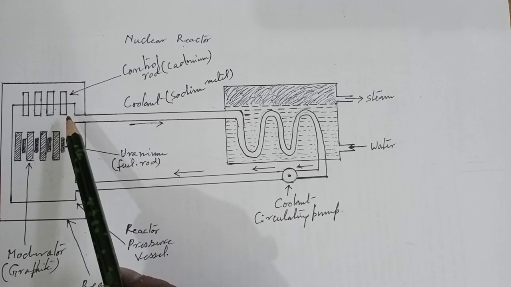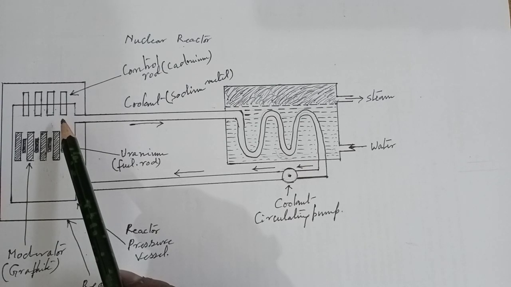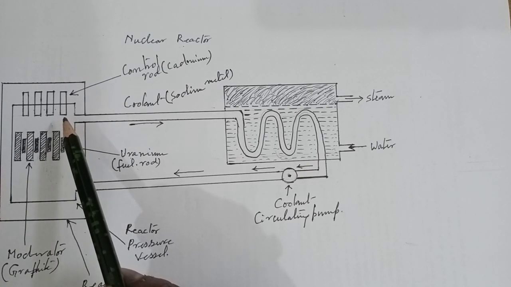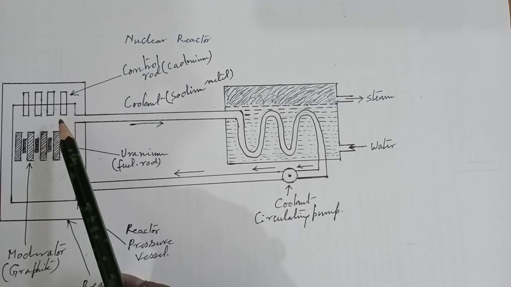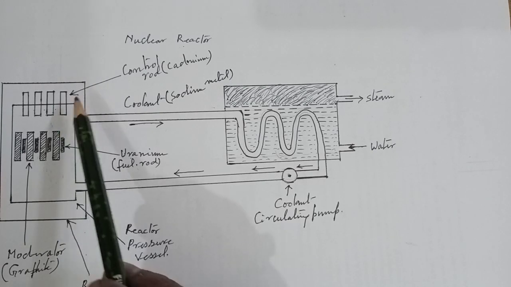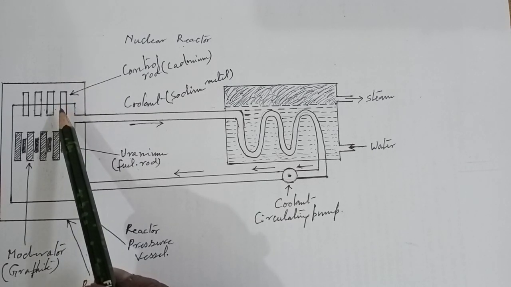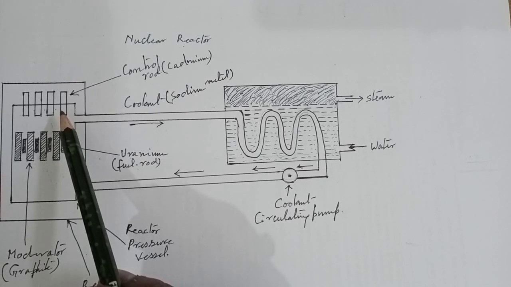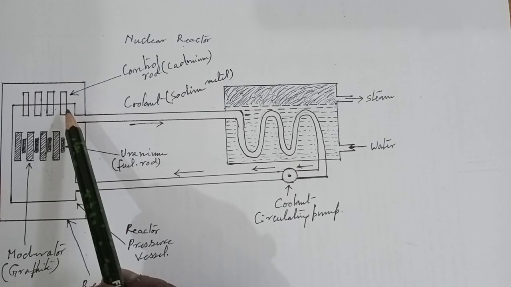However, as they are being withdrawn, more and more of these fission neutrons cause fission and hence the intensity of chain reaction or heat produced is increased. Therefore, by pulling out control rod, power of nuclear reactor is increased, whereas by pushing them in, it is reduced.